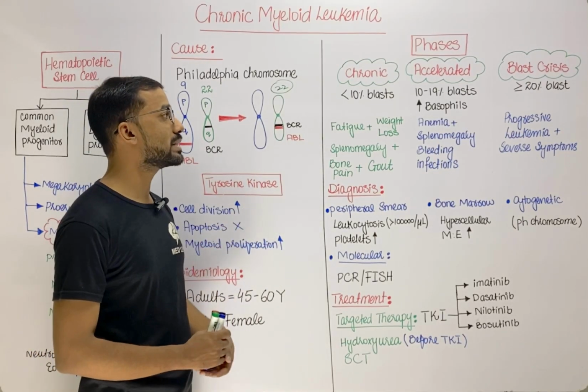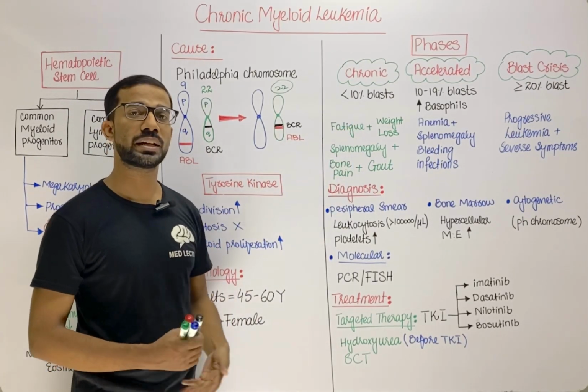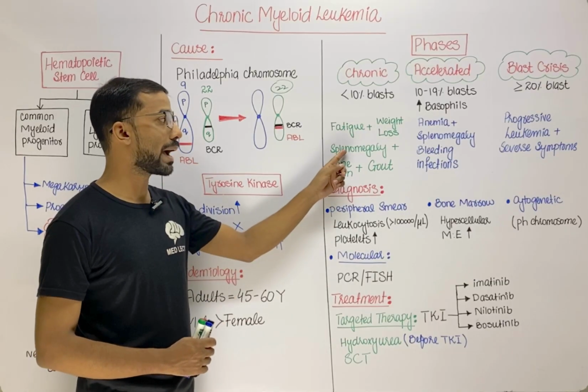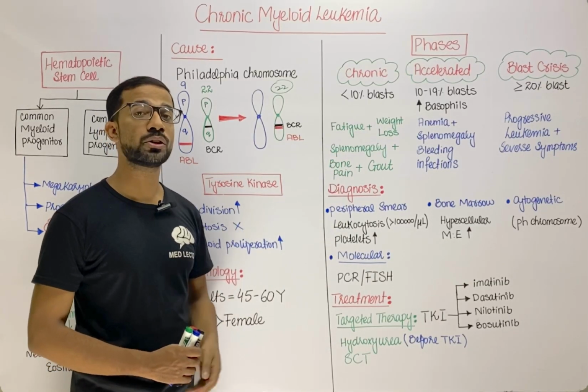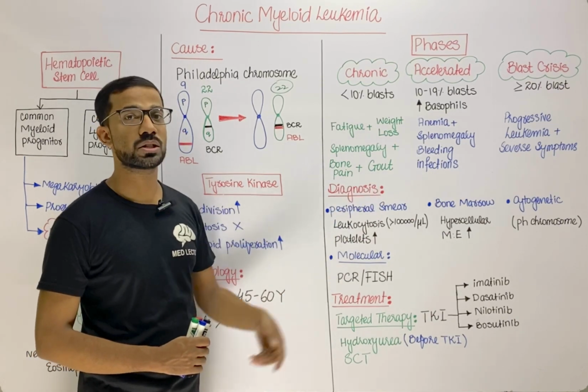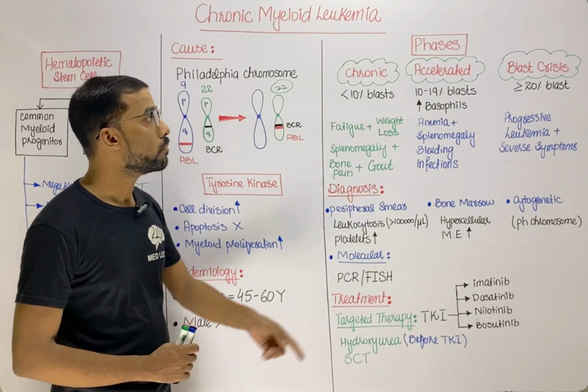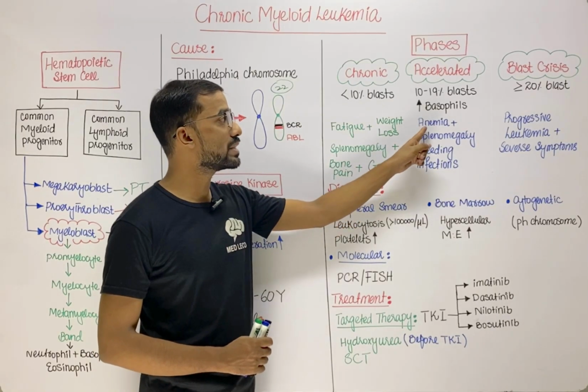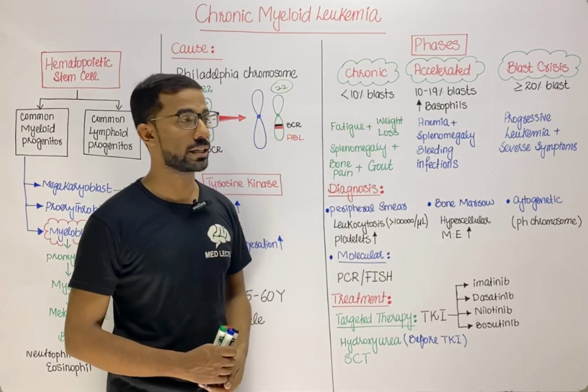In the chronic phase, you will see fatigue, weight loss, fatigue due to anemia, splenomegaly, and gout due to increased cell turnover, with accumulation of uric acid in the joints. In the accelerated phase, you will see anemia, severe anemia. That is the most important.